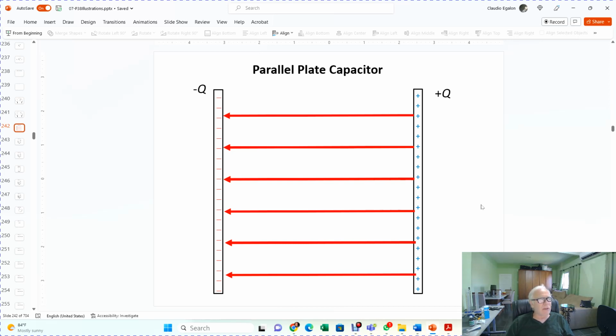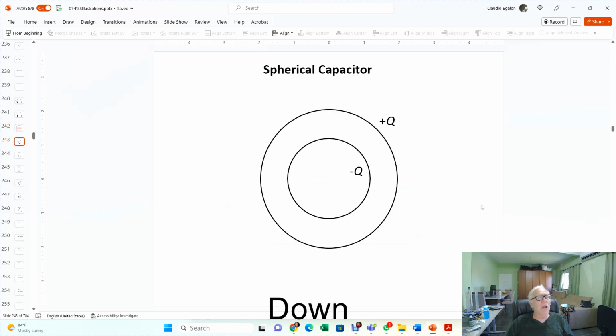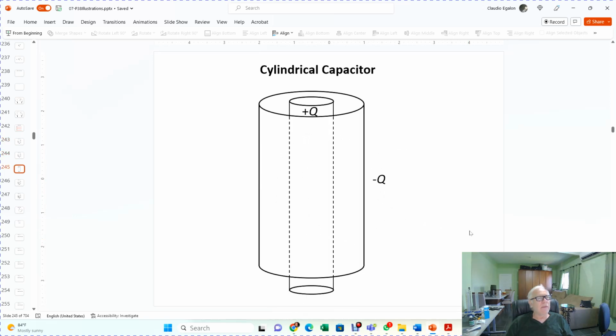You know that the electric field of this configuration is a uniform electric field. You know that the electric field of this configuration is going to be a zero electric field inside and a zero electric field outside, according to Gauss's law. And the electric field will be restricted only to this region in between, which has a dielectric. Air, for instance, is a type of dielectric. The same thing here for our cylindrical capacitor.